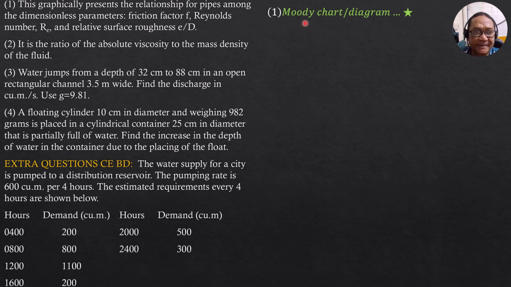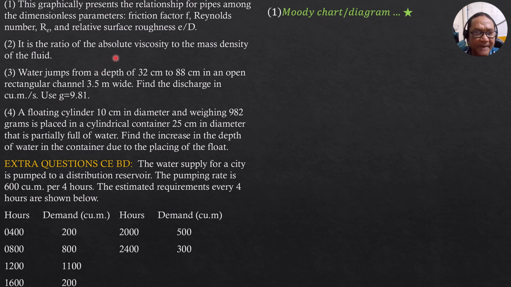So it's the same. I do not normally use this Moody chart because I just want the equation, and it's difficult to estimate the friction factor to four significant figures using the Moody chart.